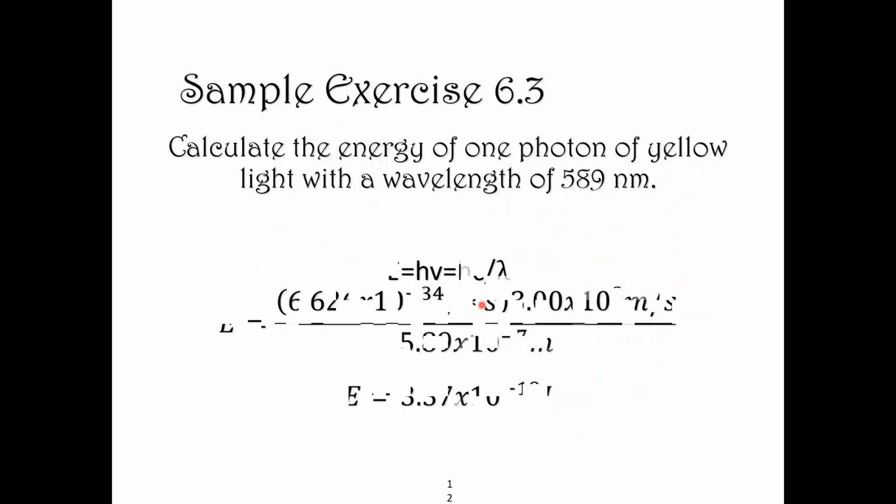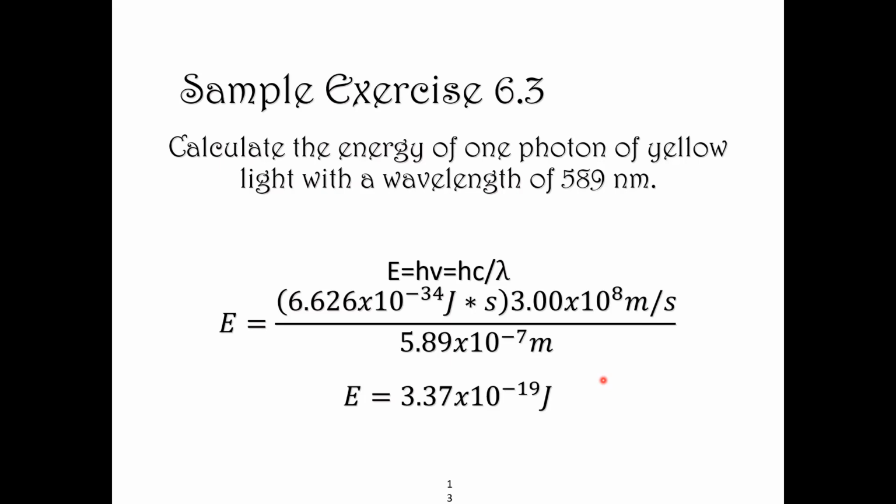But for this question, we just have to remember to convert the wavelength into meters. So we should get 5.89 times 10 to the negative 7th meters instead of 589 nanometers. Then we can plug all those in, and we'll see that the energy of that photon is going to be very, very small: 3.37 times 10 to the negative 19th joules.